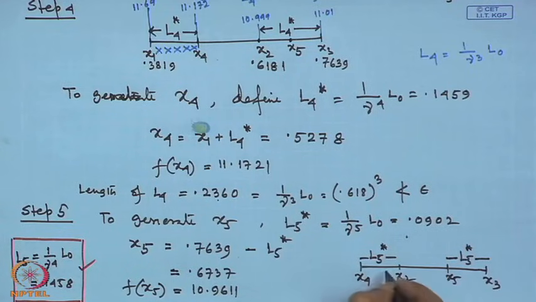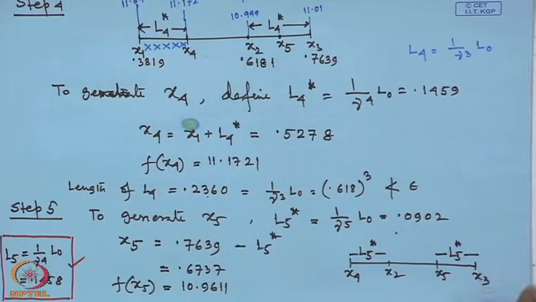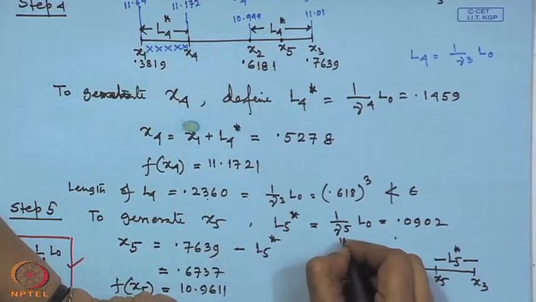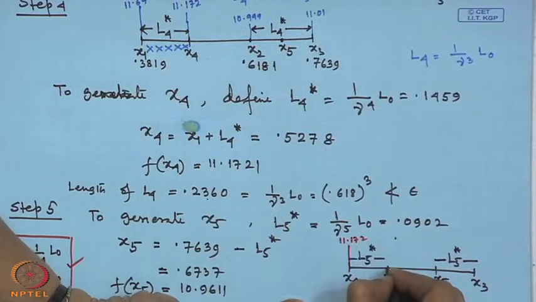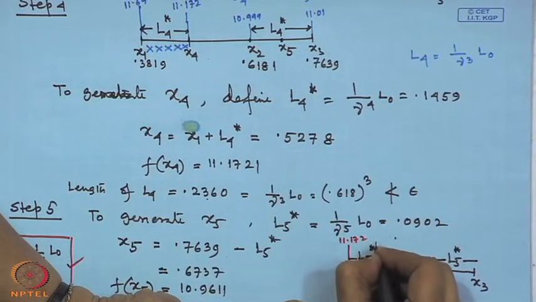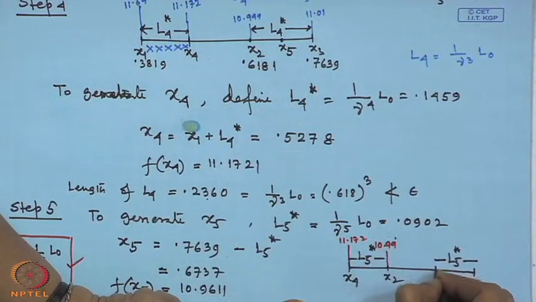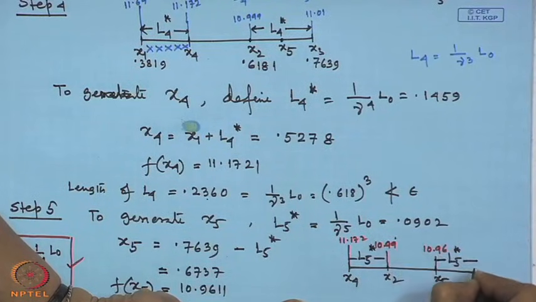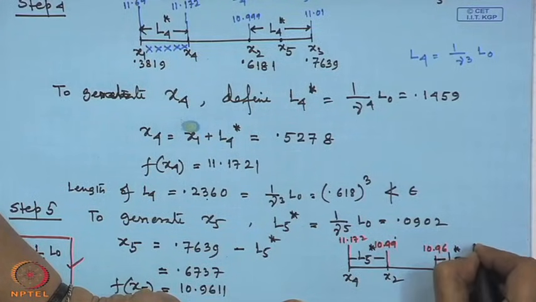But let us see which part of the interval we will discard in this range. We are having x4 as 11.172, x2 as 10.99, x5 as 10.96, lesser than that, and x3 as 11.01.